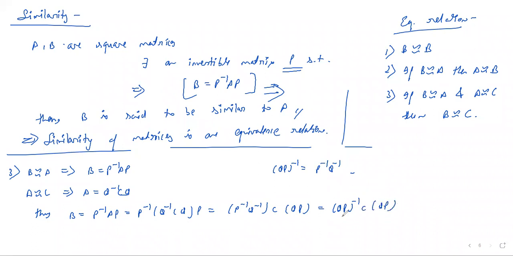As we know that QP is invertible, from this we get that B is equivalent to C. So it is satisfying the properties of an equivalence relation. So from this we got that similarity of matrices is an equivalence relation. And why are we reading about this?